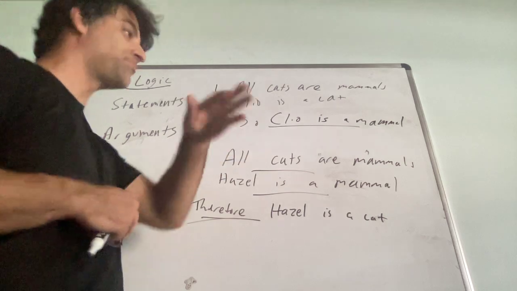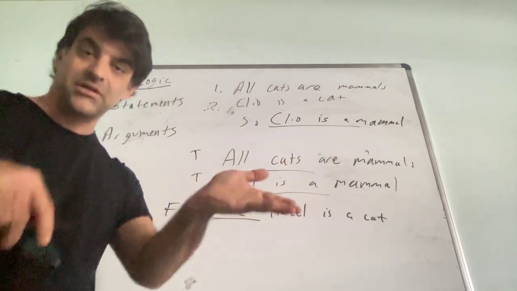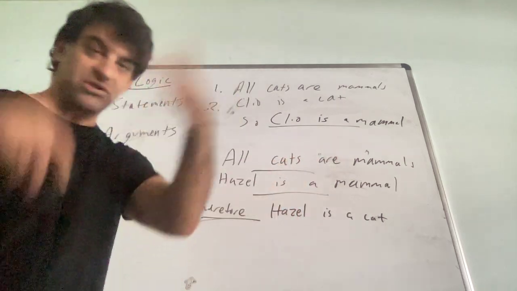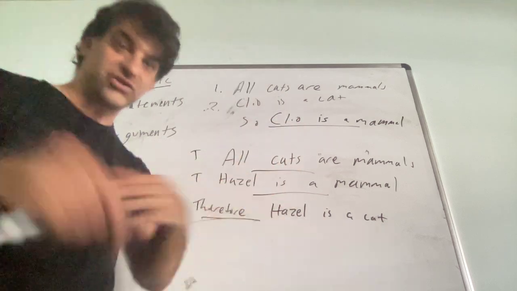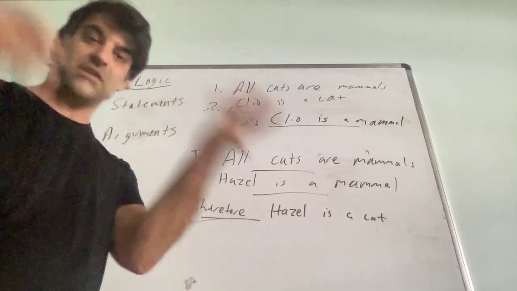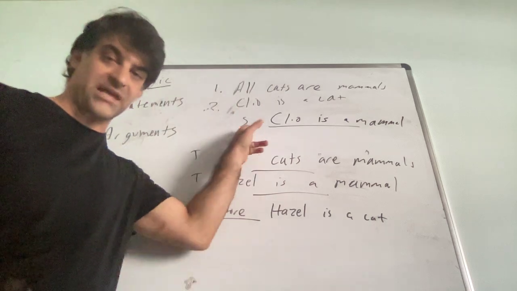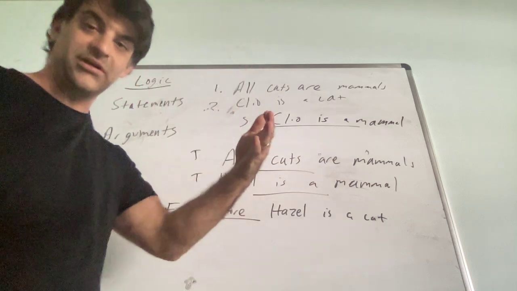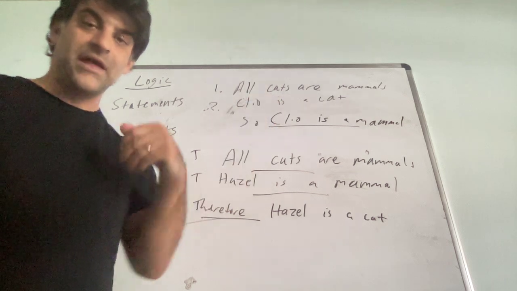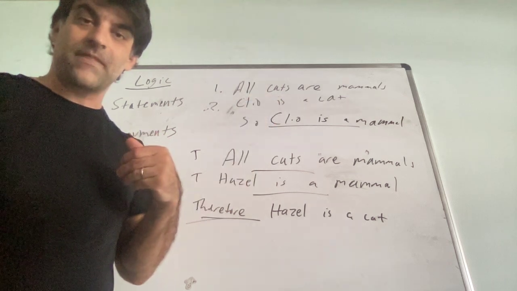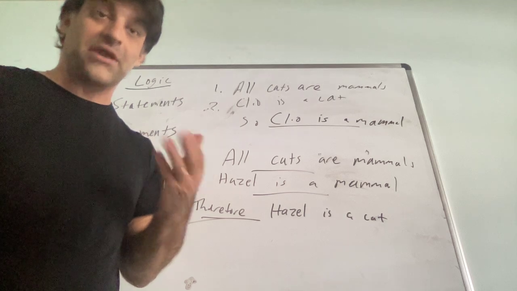Now, the statement Cleo is a cat, different statements can be premises in some arguments, conclusions in others. You can make those statements without making any argument. You can just say them, right? Cleo's a cat. I'm not making any argument. I'm just asserting that Cleo's a cat, right? But Cleo's a cat could be the conclusion of an argument.